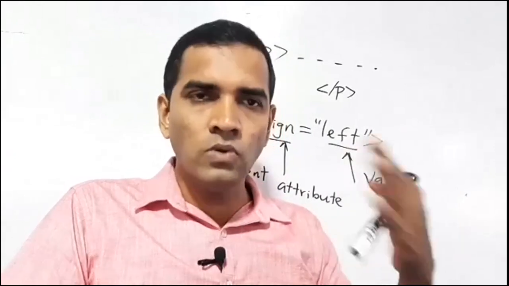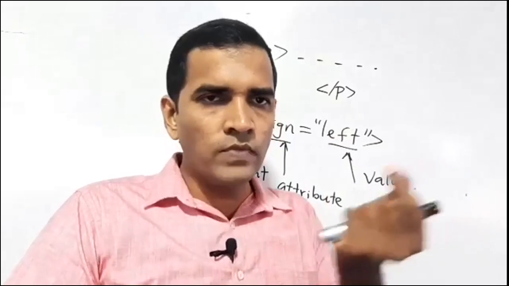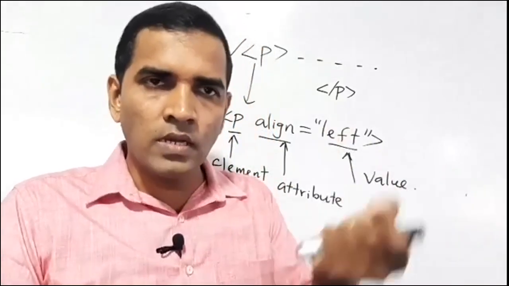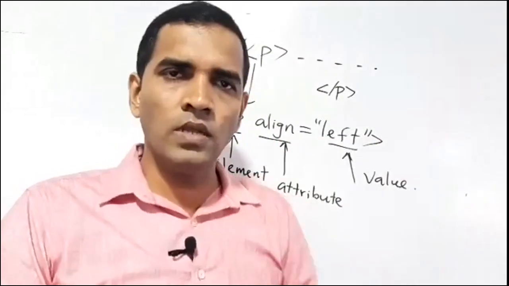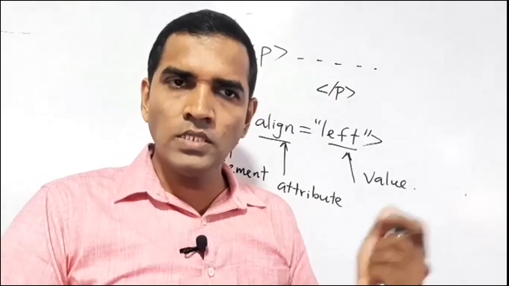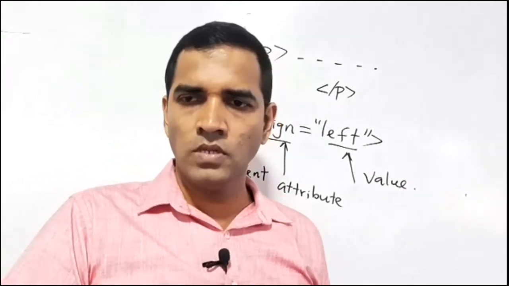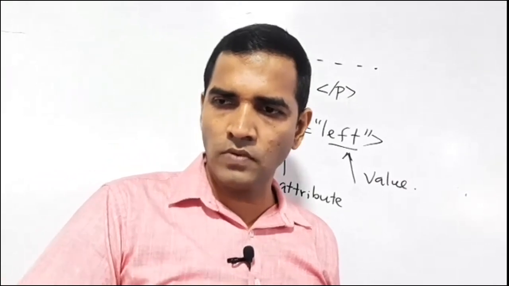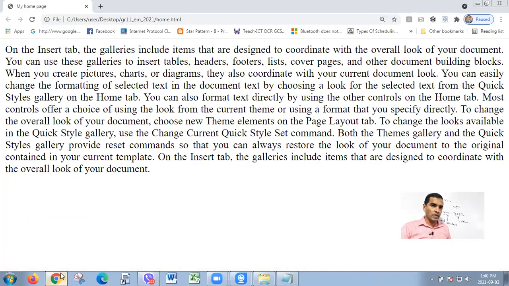Still, you have the chance to see the output because some of the lines are correct. The correctly written lines can be executed and you can see the output. The lines which cannot be understood by the browser are ignored. So now see what happens. I will show the result first. Even though the spelling is wrong, the paragraph will be shown in left alignment.